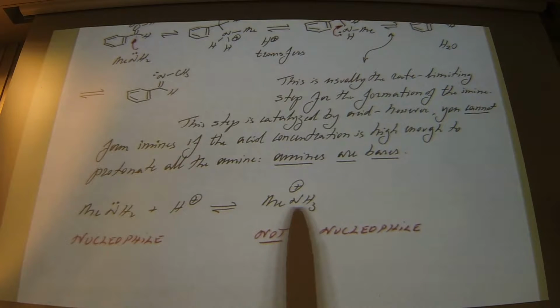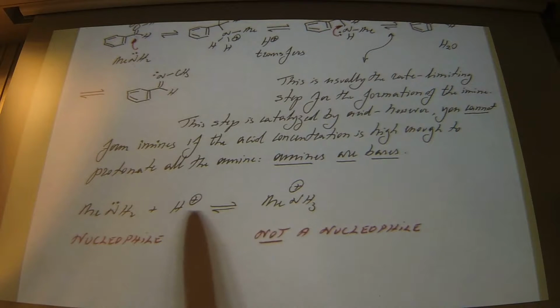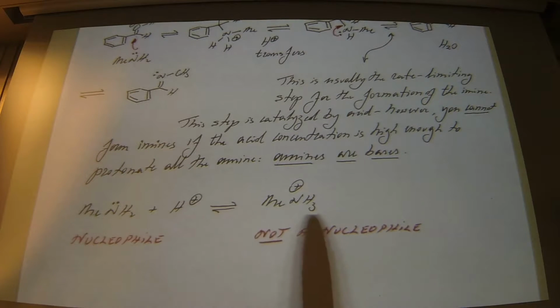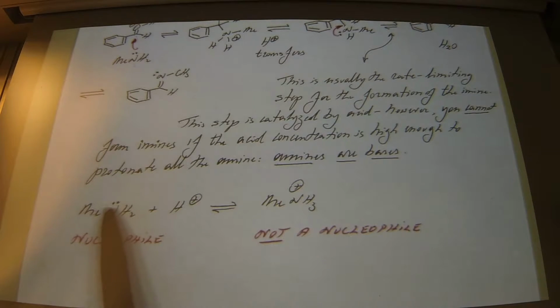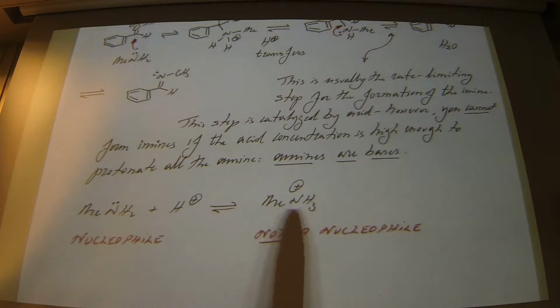The ammonium salt is no longer nucleophilic because it doesn't have a lone pair. And so with more than one equivalent of an acid, or even one equivalent of a strong acid, this reaction is not going to take place. Because your nucleophile has been converted into an ammonium salt. It's no longer nucleophilic. And so excess acid, no good.